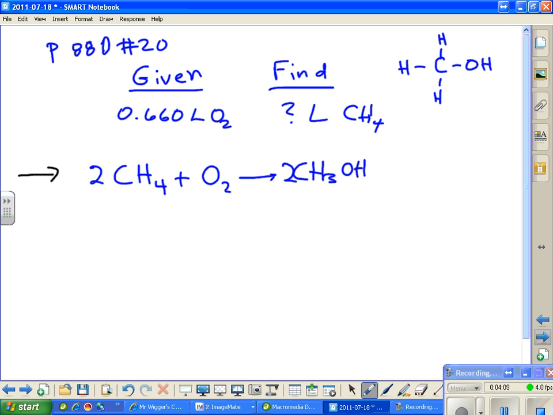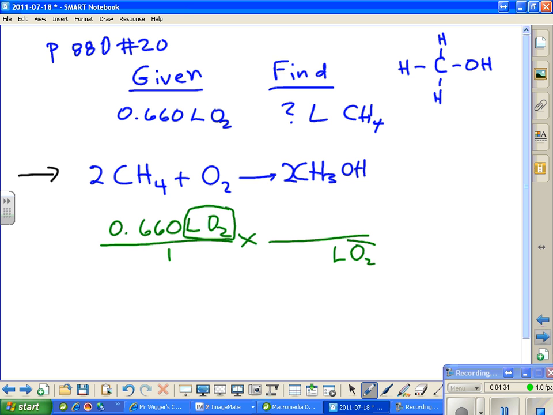And now all we have to do is start out with our number of liters, which was 0.660 liters of O2 over 1, given over 1, just like always. And now we use the mole ratio after we figure out what's on the bottom, which is liters of oxygen, just like we do in all stoichiometry problems.